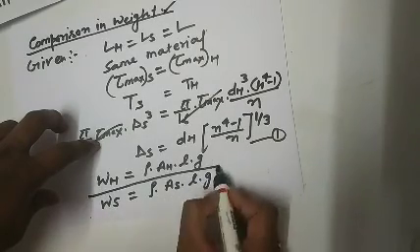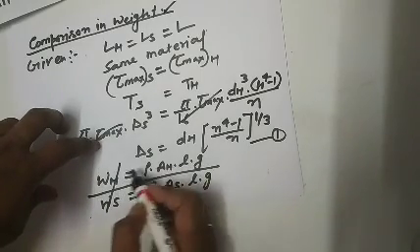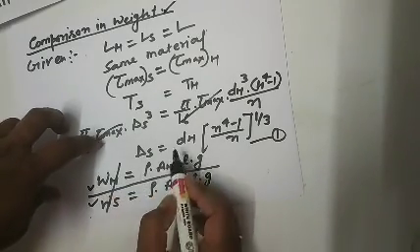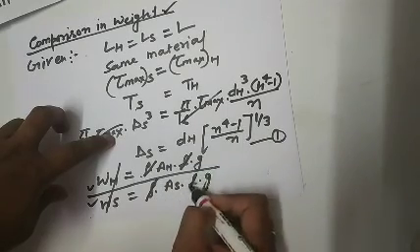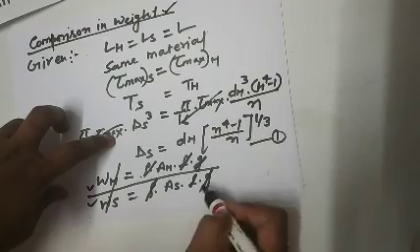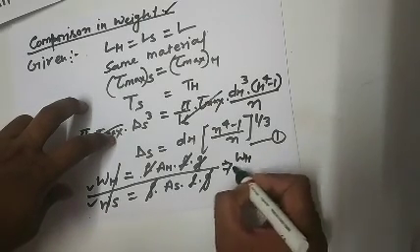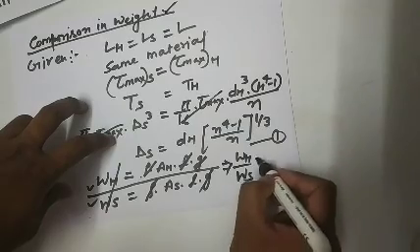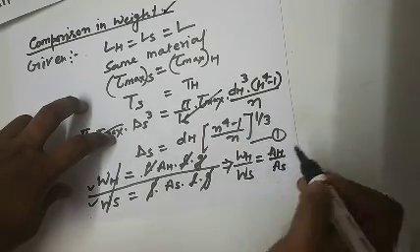If we compare it, then these are cancelled out. This term and this one cancel out, this one cancels out. What is left? Wh upon Ws equals area of hollow upon area of solid section.